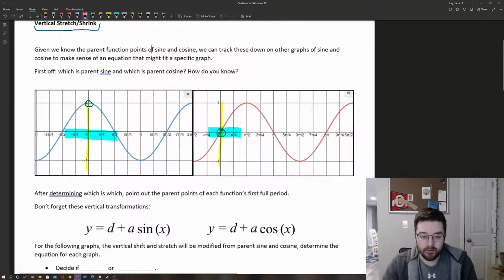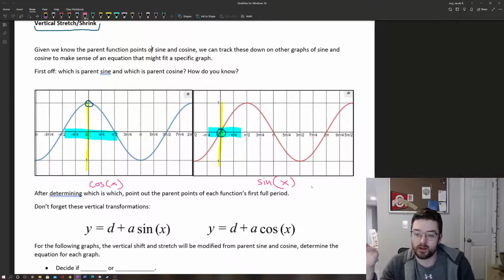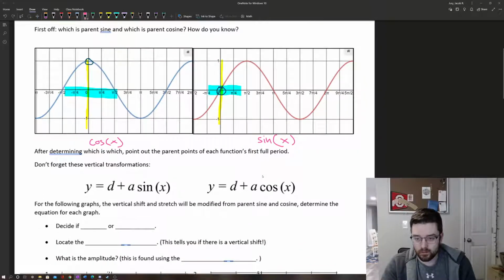So for now, I know that this left function is parent cosine because it starts at a peak. So this is cosine of x. And this must be parent sine because it starts in the middle of its period, or what we'll learn later as the middle line. That's the middle line of the amplitude, that splits the amplitude, I should say.